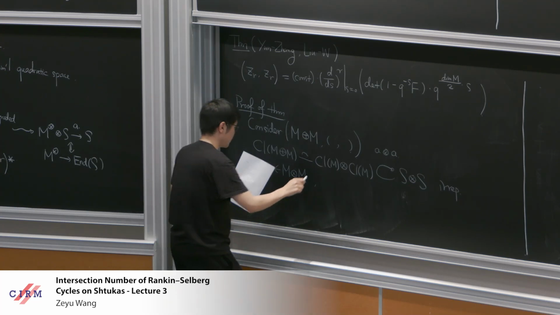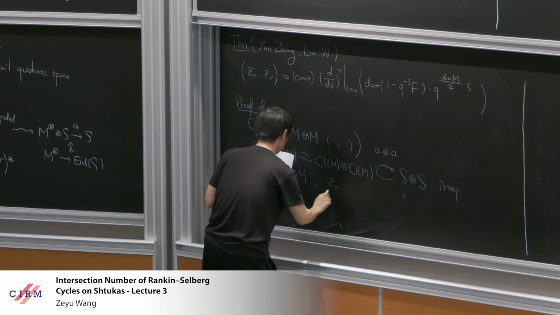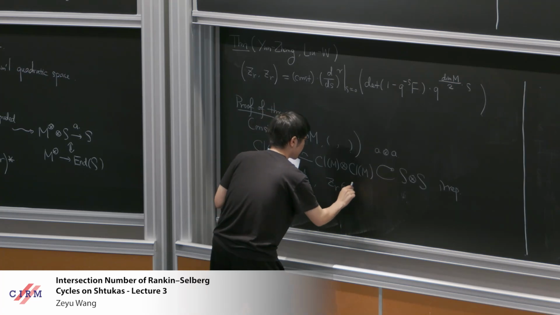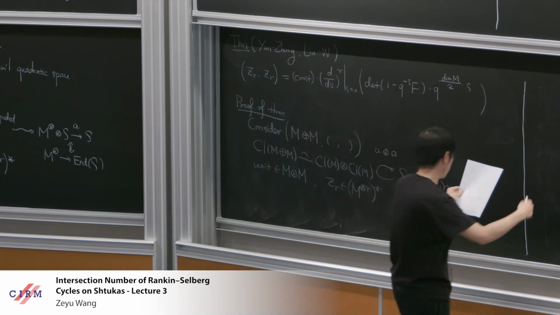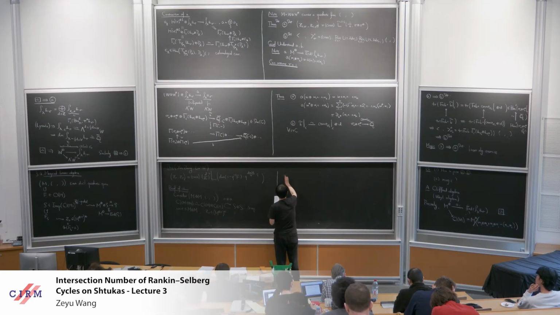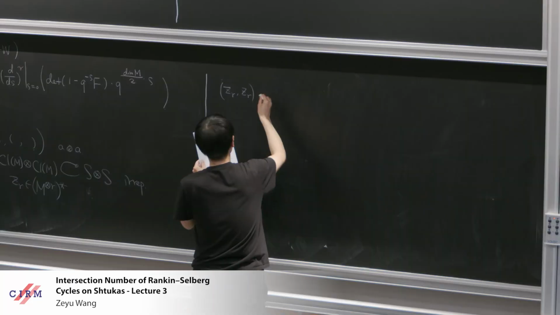Okay, and so what are these elements ZR? They are some dual elements inside M tensor R. So how do you actually compute the pairing between ZR and ZR?